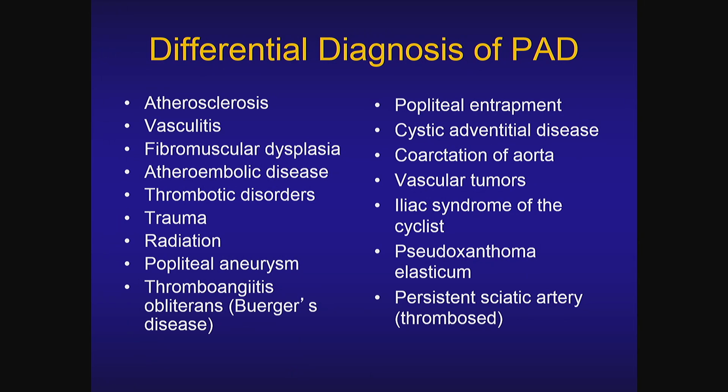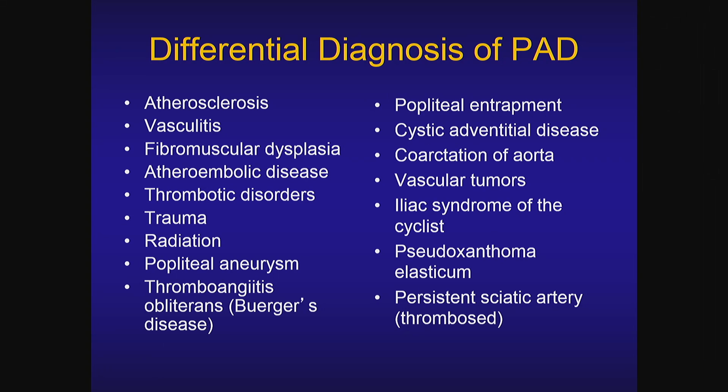The differential diagnosis of peripheral artery disease is quite broad. As I mentioned, the most common cause of stenotic lesions in the aorta or in the limb arteries is, of course, atherosclerosis. But one can also encounter vasculitis, primarily giant cell or Takayasu arteritis, which involves the medium-sized arteries.